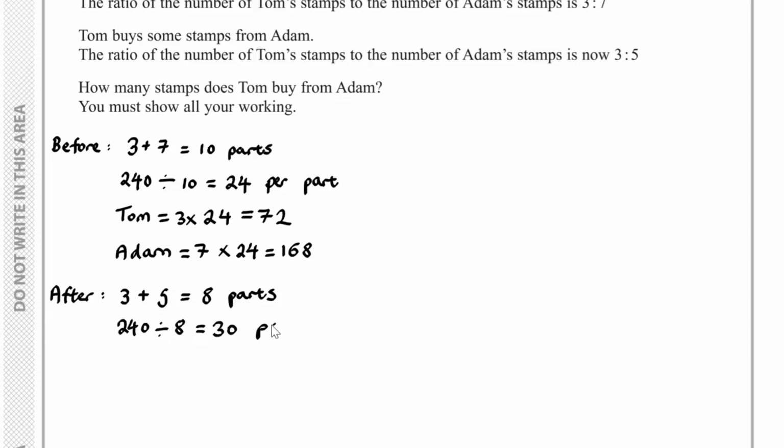So now we have 30 per part. And Tom now has 3 times 30, which is 90 stamps. And Adam now has 5 times 30, which is 150.